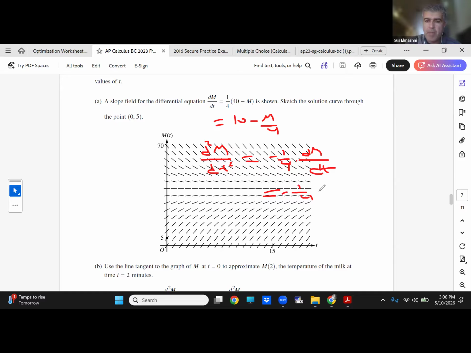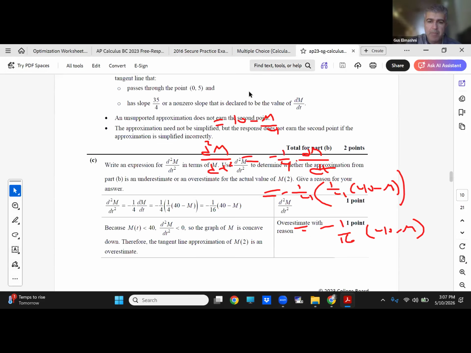So really, I have negative 1/4 times the derivative itself. So it becomes negative 1/16. And then I could plug 5 in. That's fine. So I get negative 35 over 16. It's still concave down, and it's still going to be an overestimate. But yeah, I kind of screwed that one up, obviously.